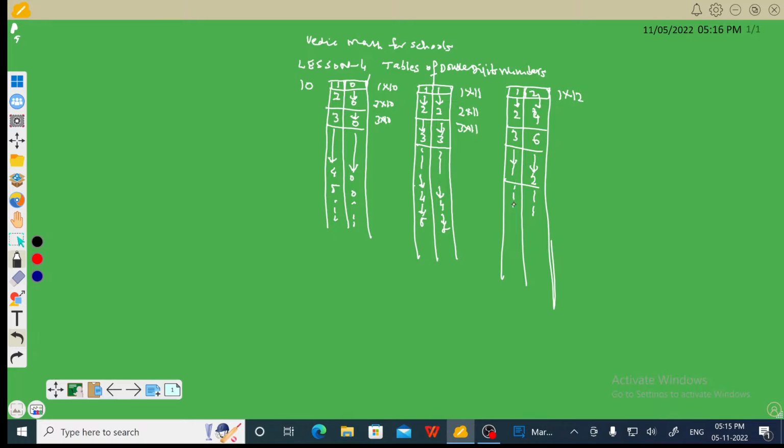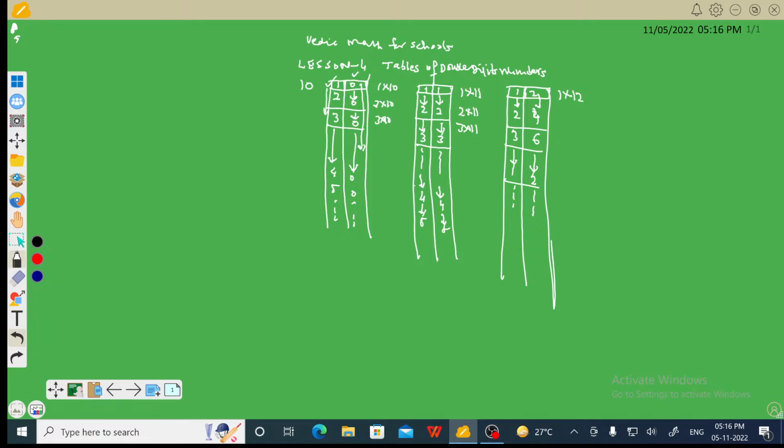Let us have a pause and let us see the pattern. The pattern of these 10, 11, and 12 as double digits. In the first column of 10, the number is 0, and so at each step there is increase of 0. In the second column, number is 1 and increases by 1.